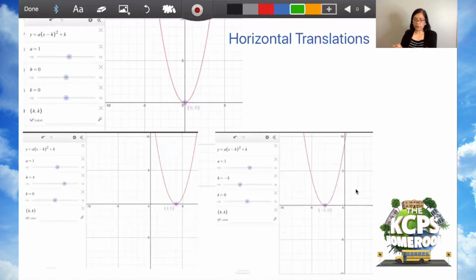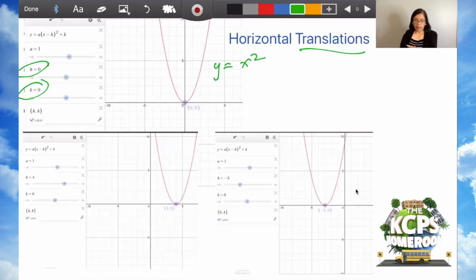Okay, next. Let's move on to horizontal translations. Let's start with the parent function, y equals x squared. Now you change the value: a is still 1, h is 0, k is 0. This time, we're going to change just the value of h.